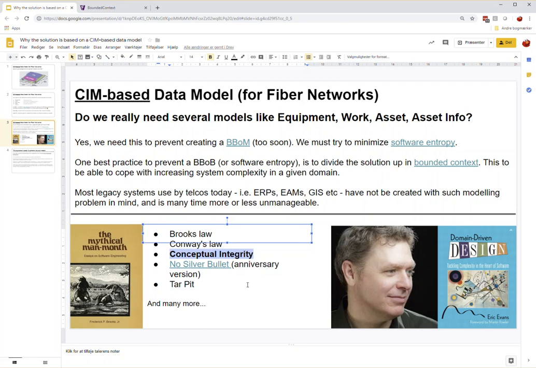So we are able to add things on, put more and more complexity on, and still be able to understand how the thing works. You cannot do that unless you have these bounded contexts I just talked about. It's impossible. You cannot scale up. The system will eventually be a system that no one wants to touch. Okay.